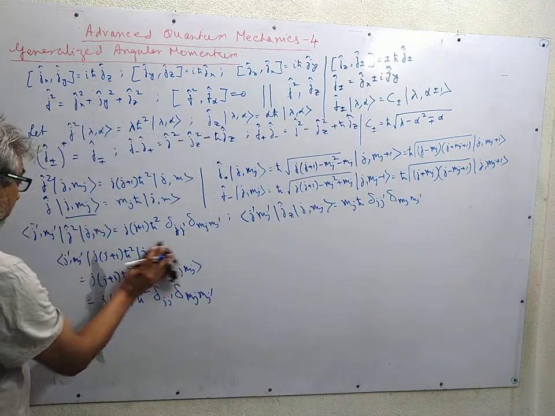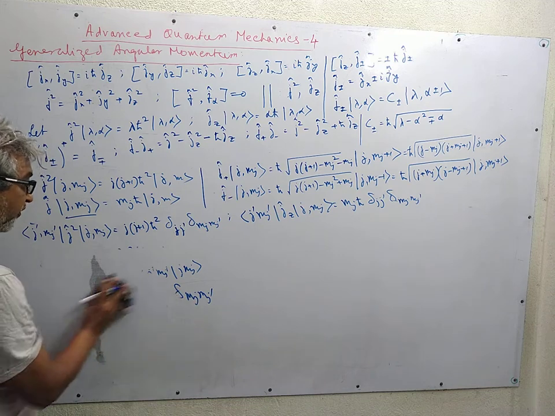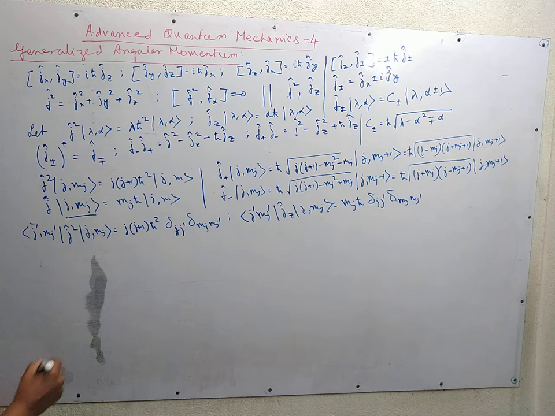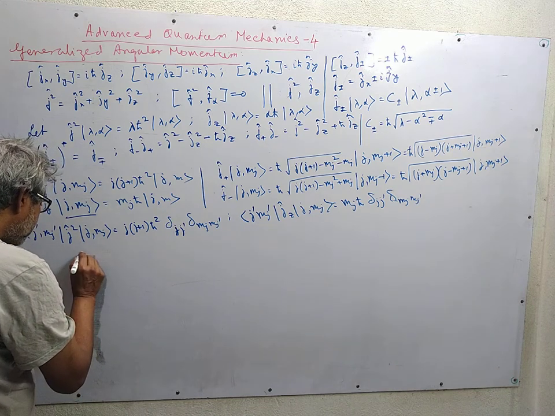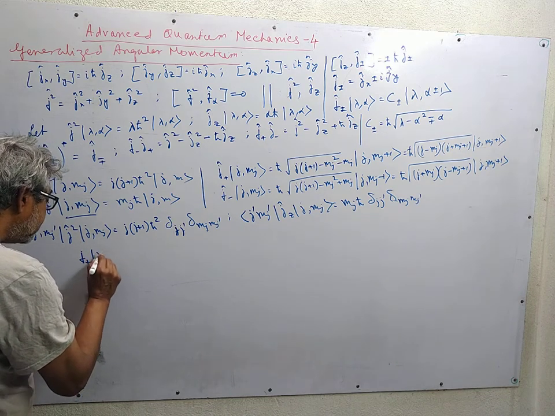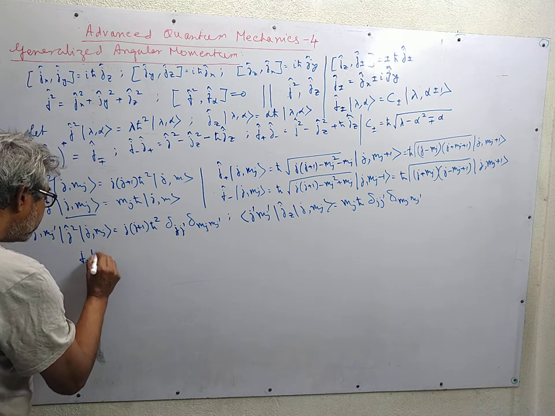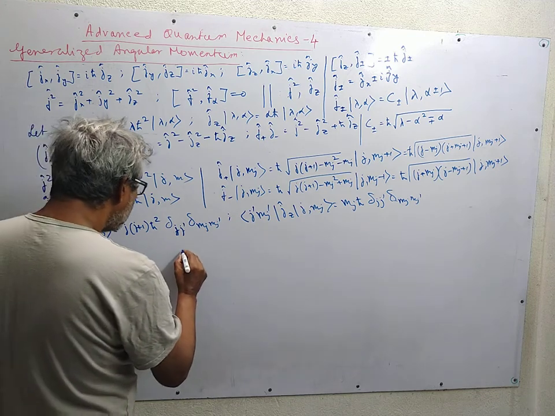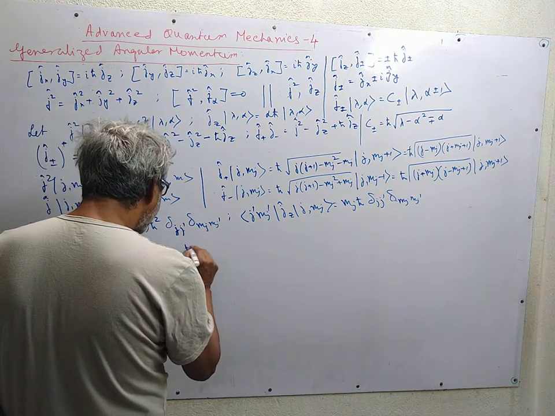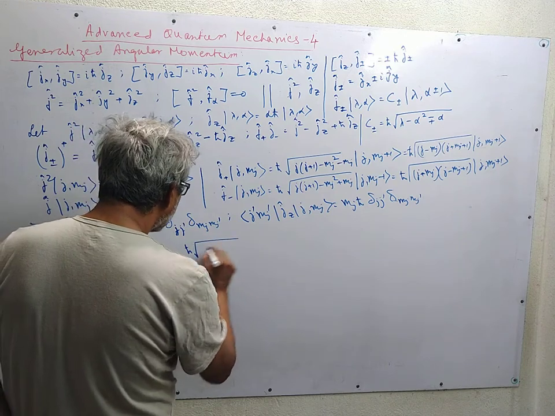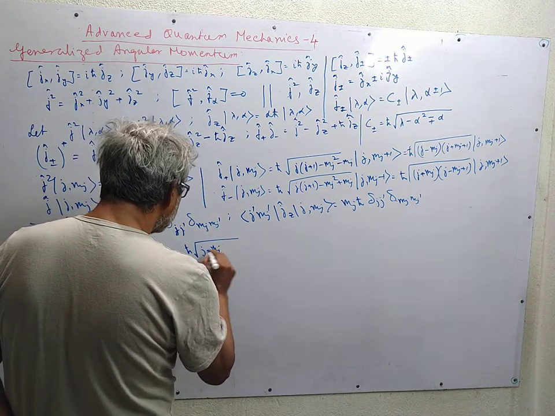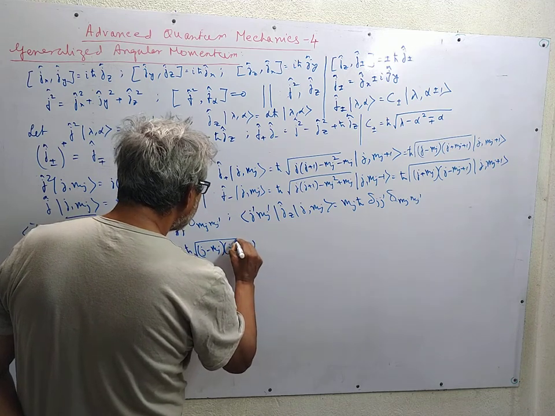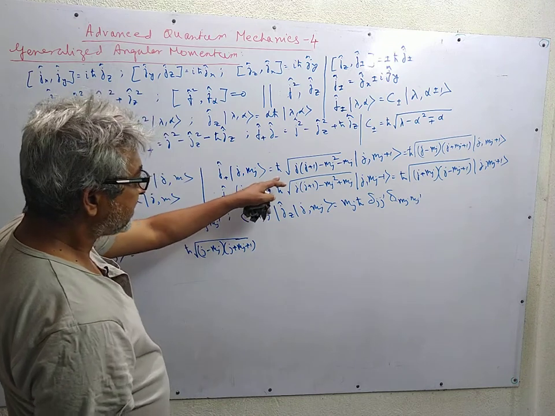Now we come to the matrices for J plus and J minus. We know that J plus operating on |j mj> gives us ħ under root (j minus mj)(j plus mj plus 1) |j mj+1>. We are using this relation.